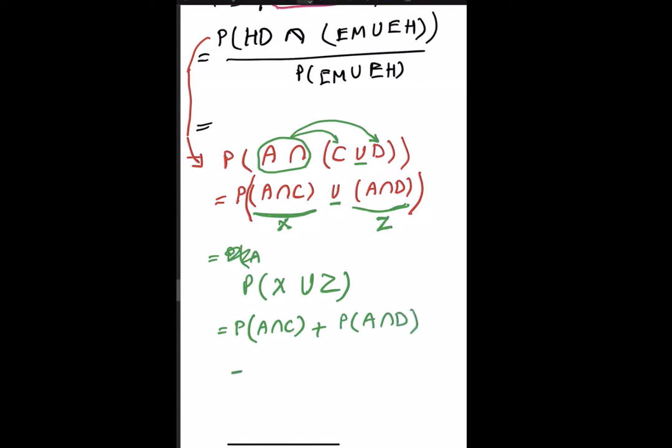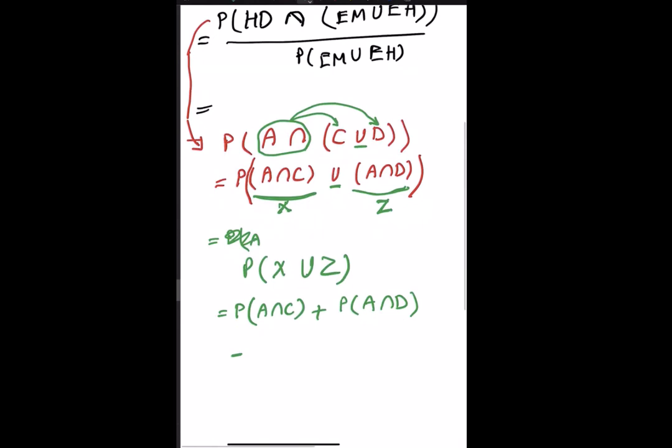Minus the probability of their intersection, right? Minus probability of X intersection Z. I just forgot it was a union, so it's the addition rule, not multiplication.